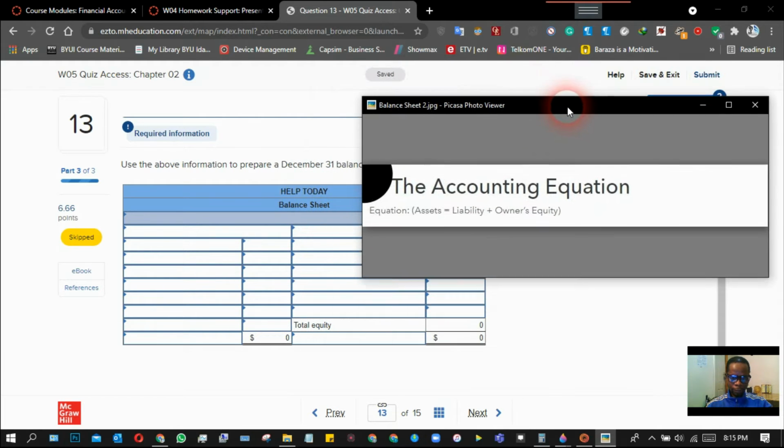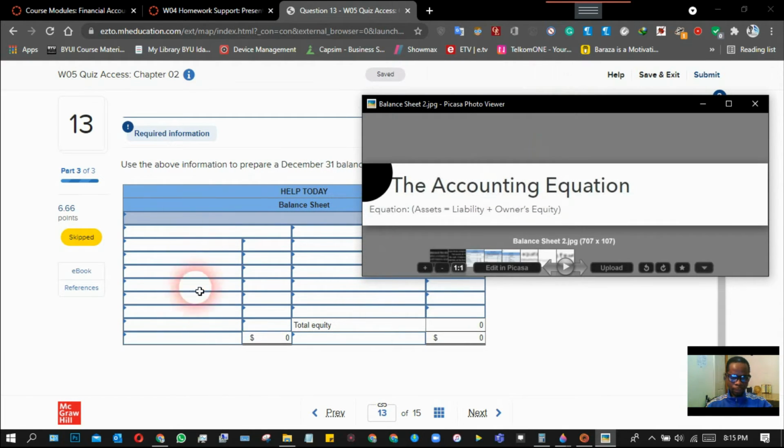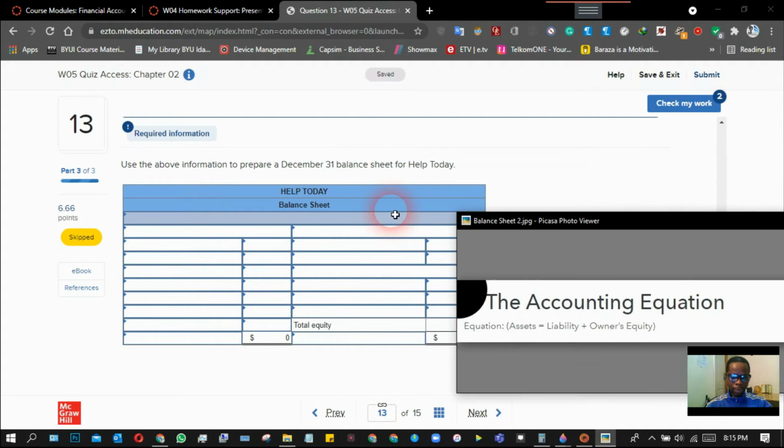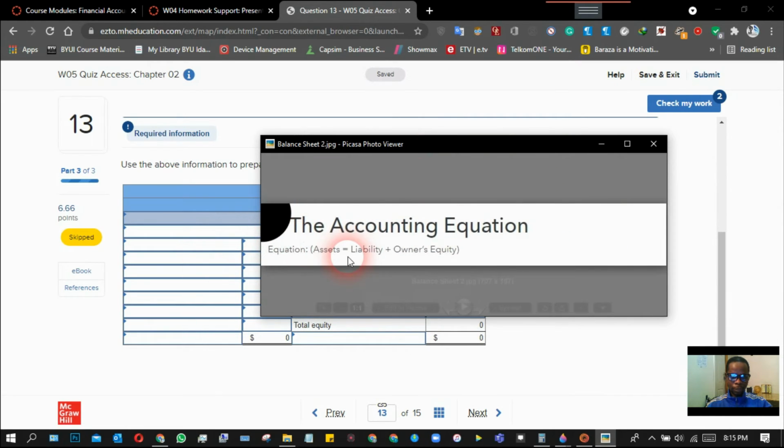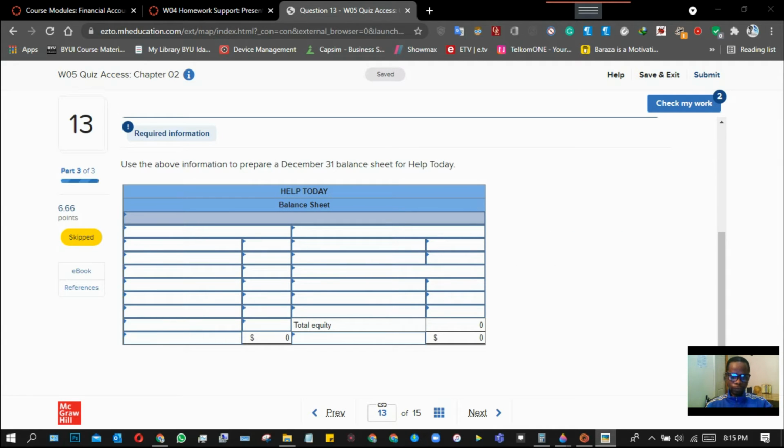Therefore, we need to have our assets on our left side, and then we'll have liabilities and owner's equity on our right side, and therefore the equation will balance. Therefore, we'll start by putting the assets on our left side.